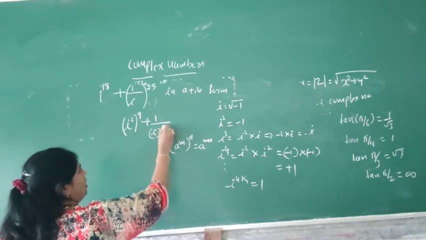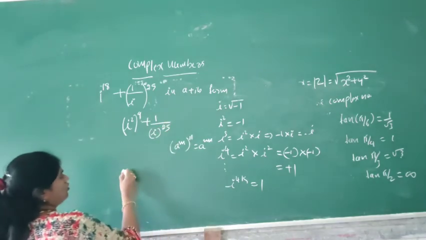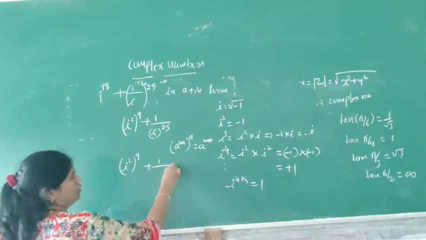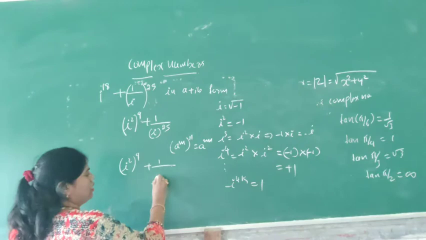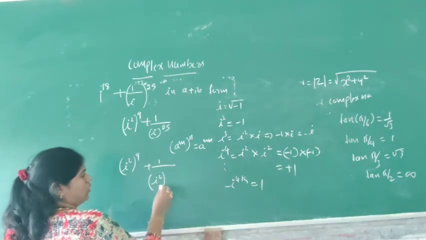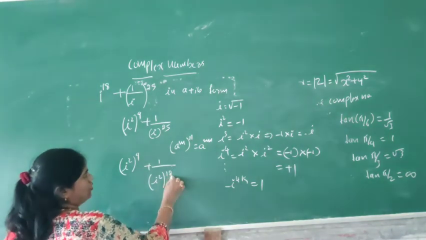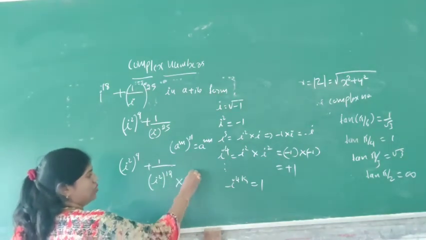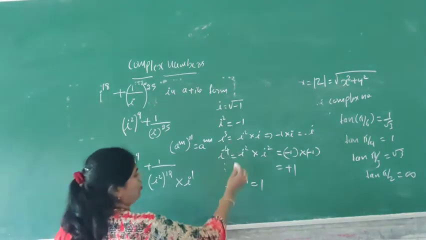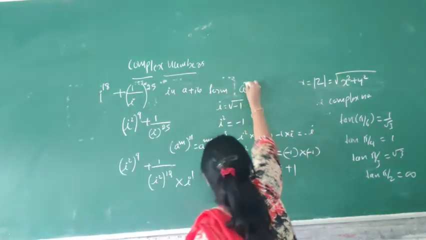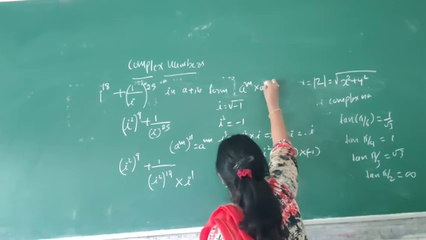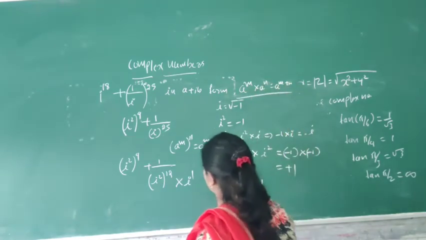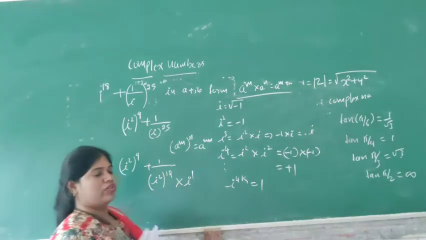So we can write I raised to 25 as I to the 24 into I, where 12 2s are 24 and the remaining is I.